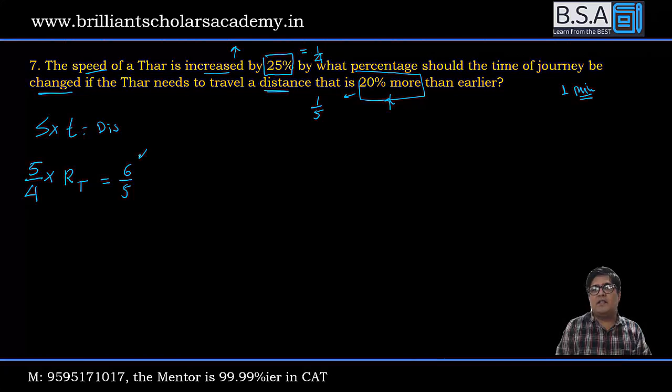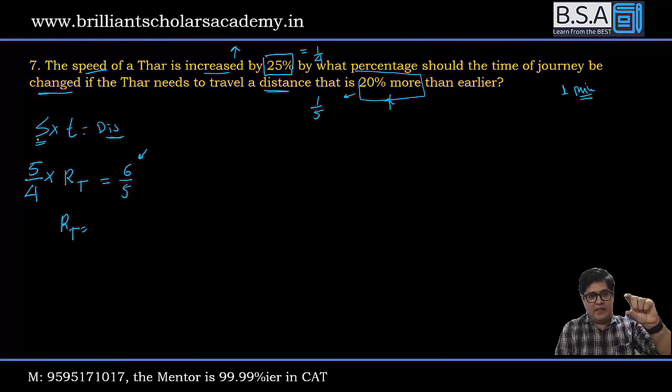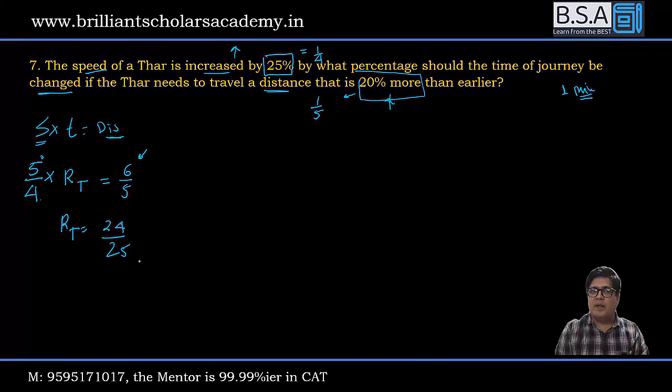So what is this? This is the change factor for distance. This is the change factor for speed. Your question is, what is the change in time? So the ratio for time: this 5 will go in the denominator and this 4 will go in the numerator. So it becomes 24 by 25. Is the numerator extra or less?